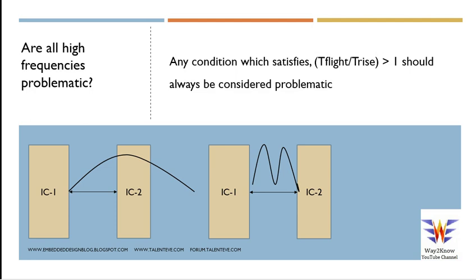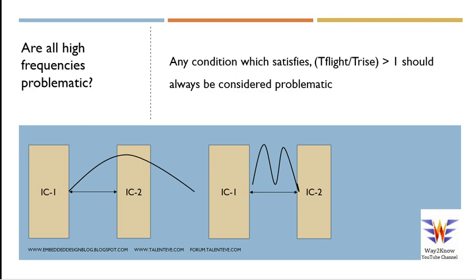Flight time is the time the signal takes to travel from a particular point to another. Here in our example, it's IC1 to IC2. Rise time, we all know its definition, and we have put several videos on our channel as well.